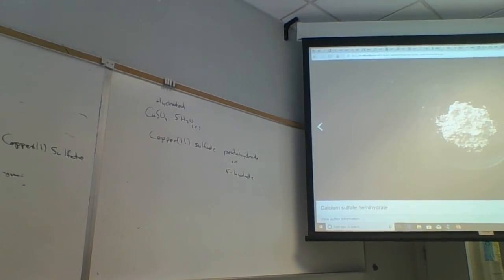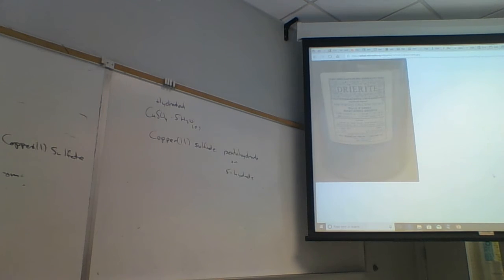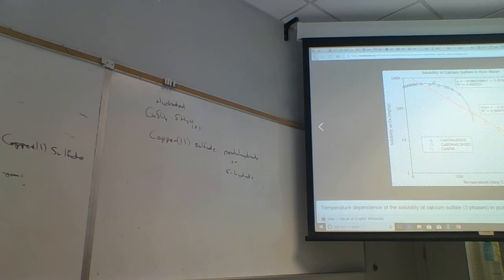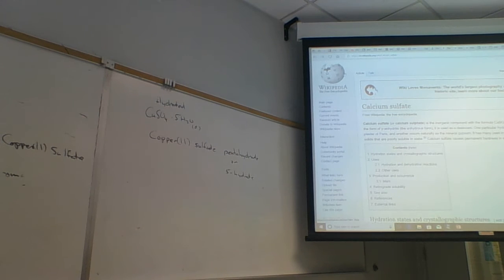And we use it in something called a desiccator. You see, is that good Drierite or bad Drierite? That's good Drierite. Anhydrous calcium sulfate. Let's see if we can see some bad Drierite. If they have some shots of bad Drierite here.